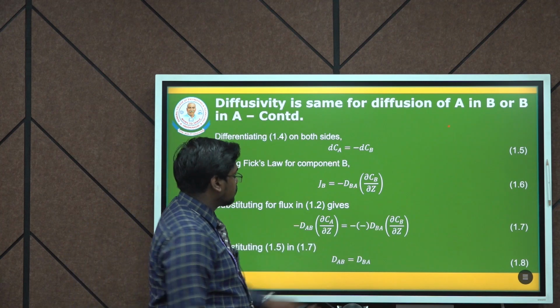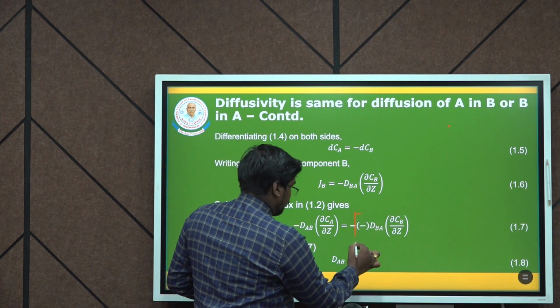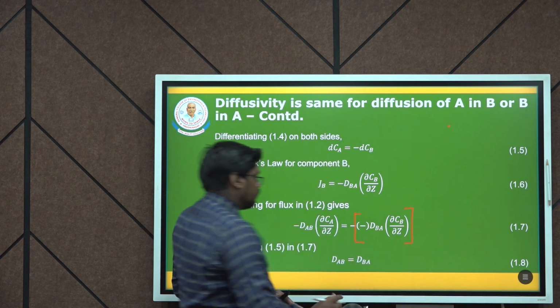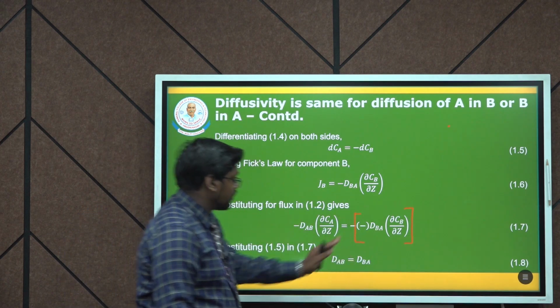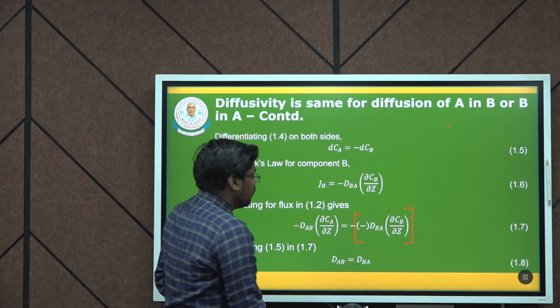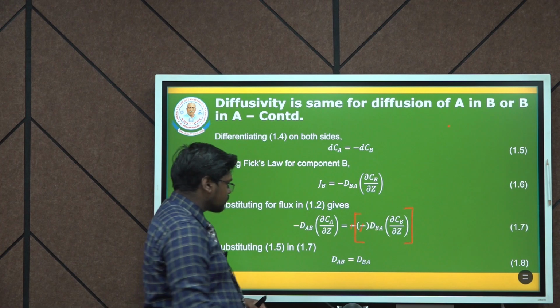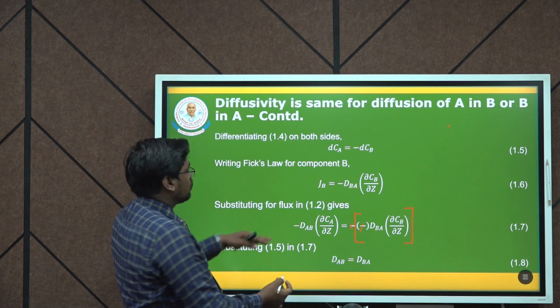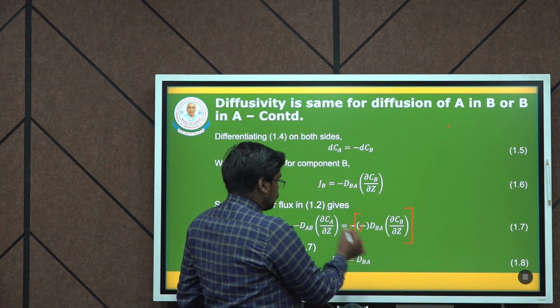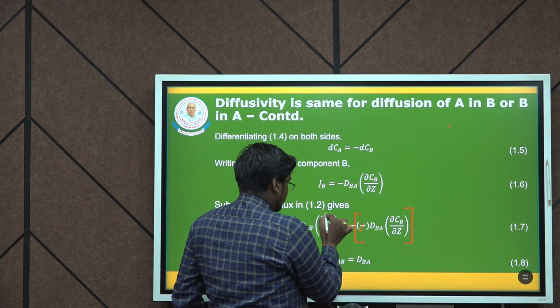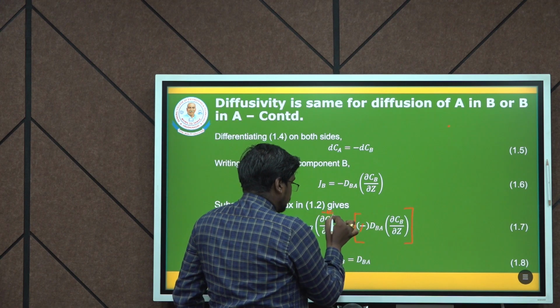minus of the JB term, so minus of minus DBA. This minus and this minus will cancel out and become a plus. And we know that dCa is equal to minus dCb, so dCa can be written as minus dCb.